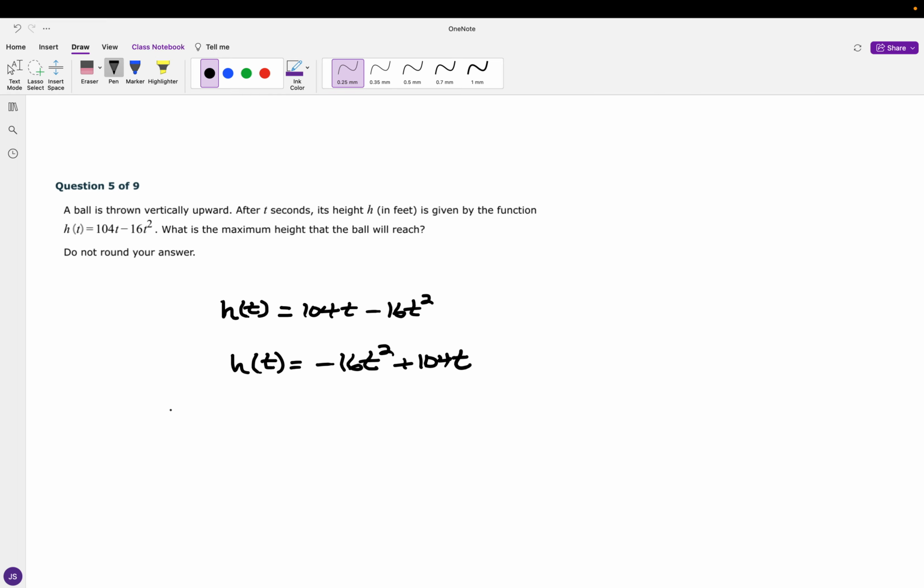Now, if the leading coefficient is negative, then the vertex is going to be the maximum. If you were to graph, you would have downward motion from the vertex, where the vertex would be the peak point. And t is again the amount of time.